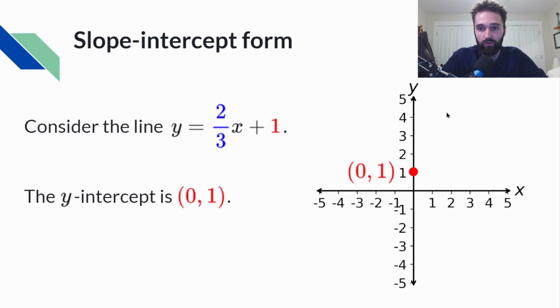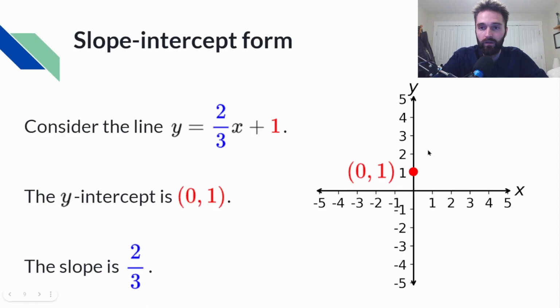This is the point where the line crosses the y-axis. And just by looking at this equation, we can also determine that the slope is 2/3. So let's start at this point and rise by 2 and run by 3.